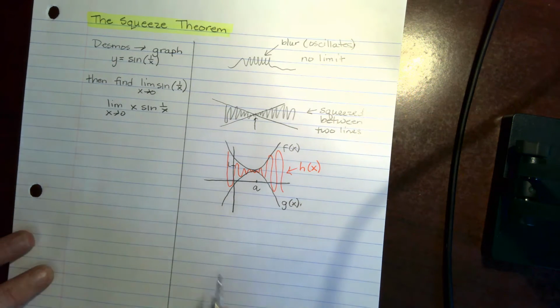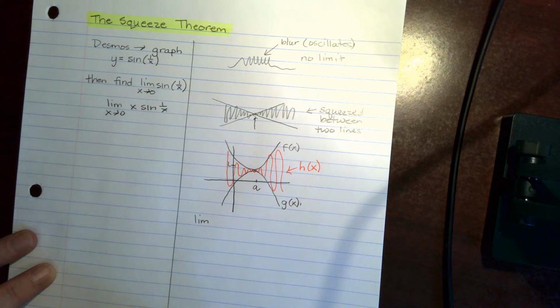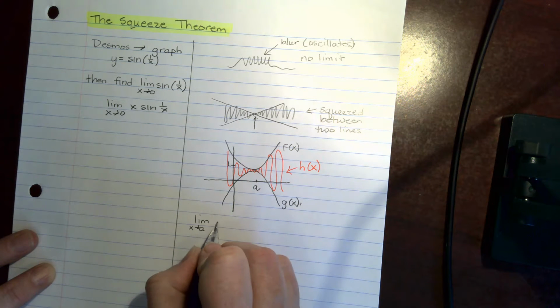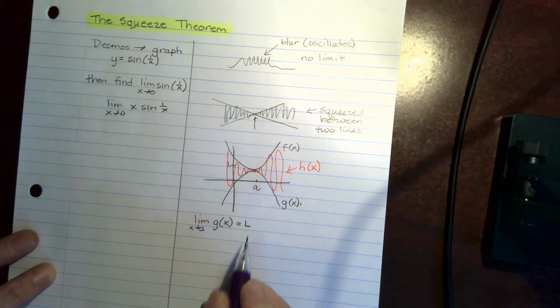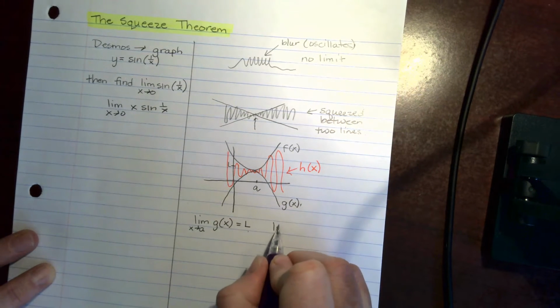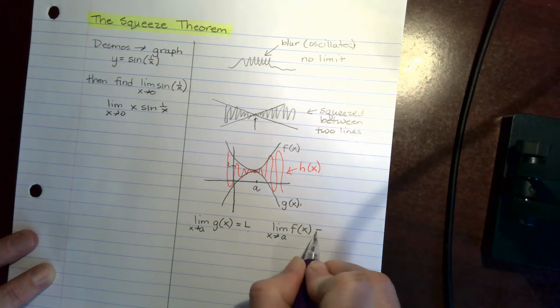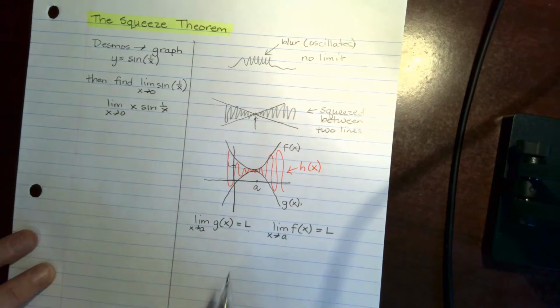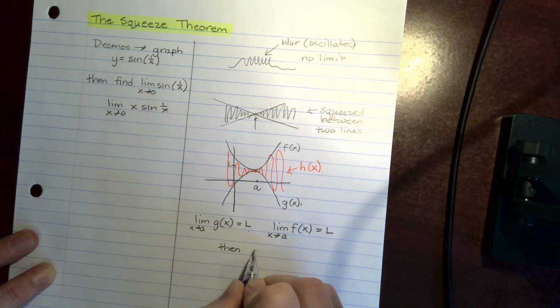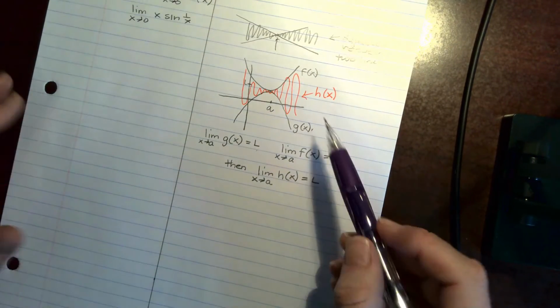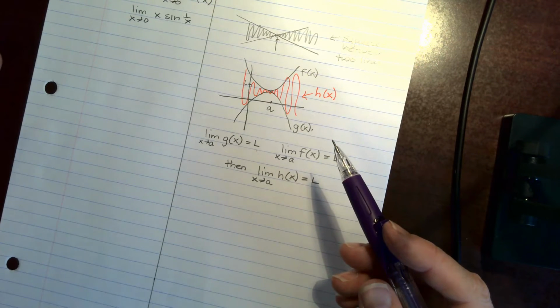Okay, so the squeeze theorem says that if the limit as x approaches a of g of x is equal to some number L, and the limit as x approaches a of f of x is also equal to some number L, then the limit as x approaches a of h of x has to also equal L. So it's not really complicated, and we're only able to do a very introductory level of the squeeze theorem.